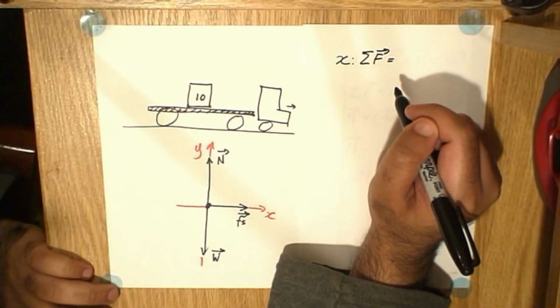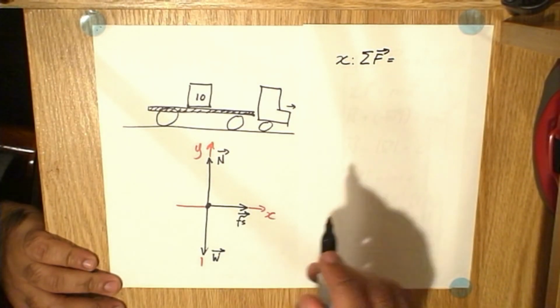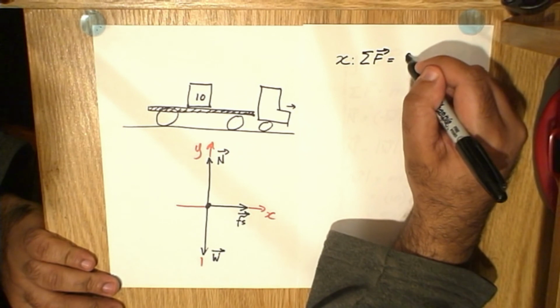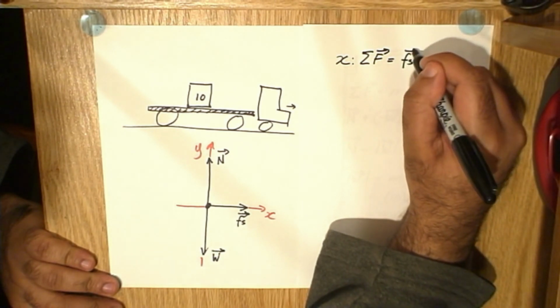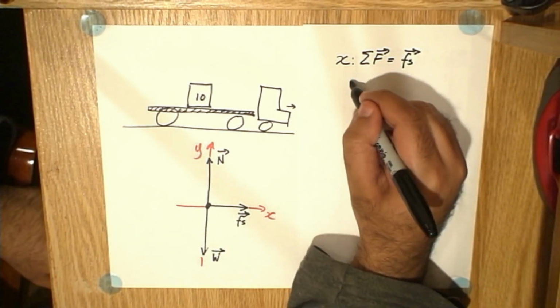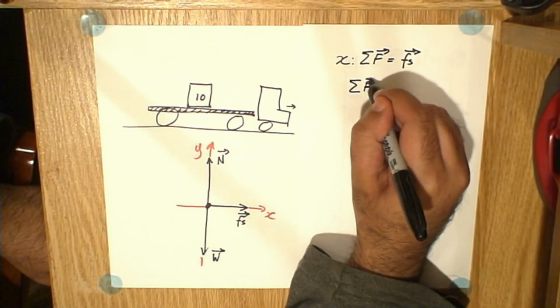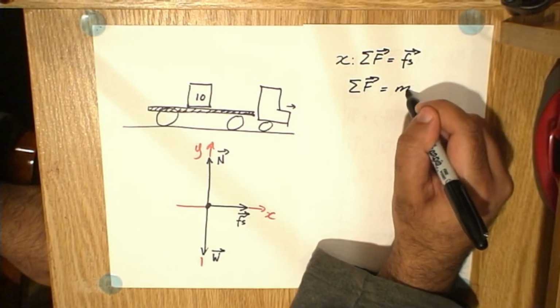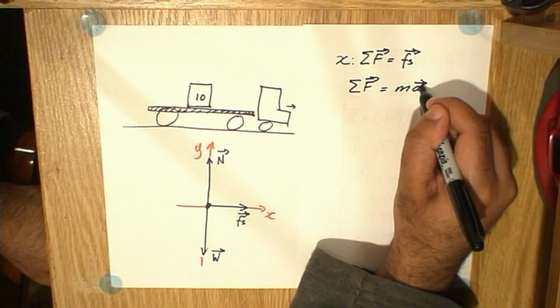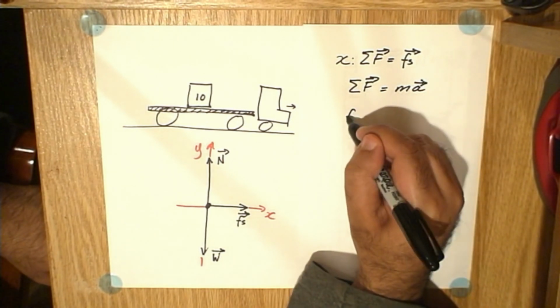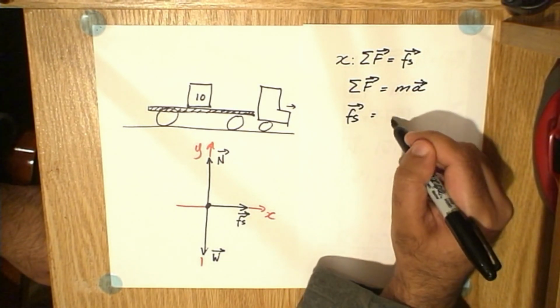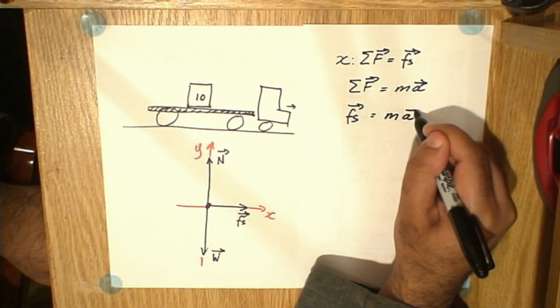In the x direction, there is only one force, and that is the static friction. And since total force is equal to mass times acceleration, that means that the static friction was equal to the mass times acceleration.